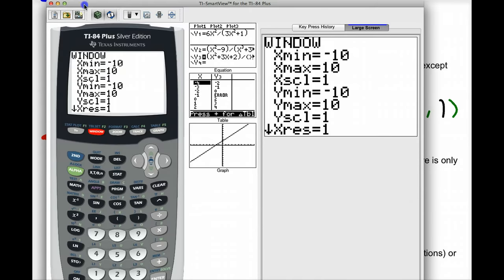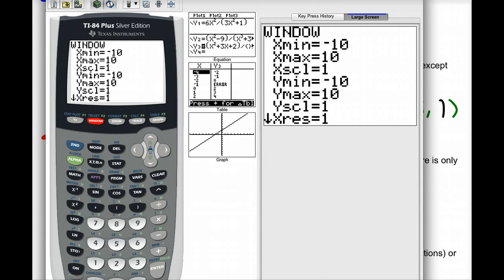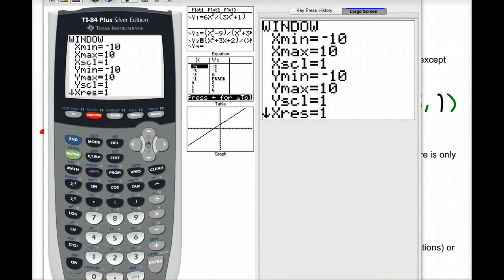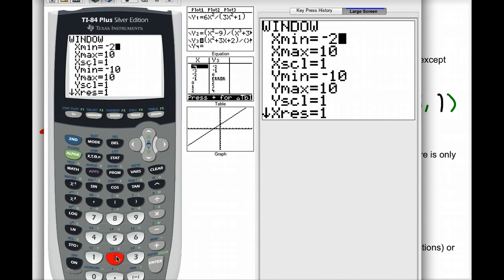Well, -2 is just lower than -1, and 0 is just bigger. And then +1 is my y. What's lower than +1 would be 0, and bigger would be 2.